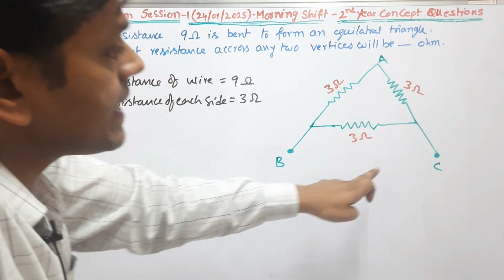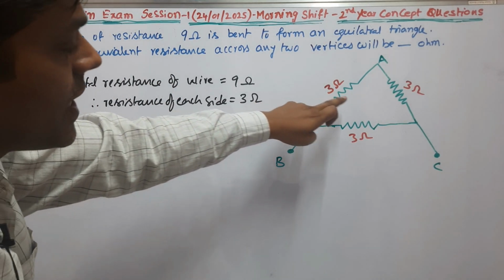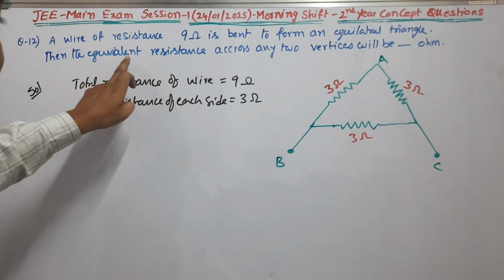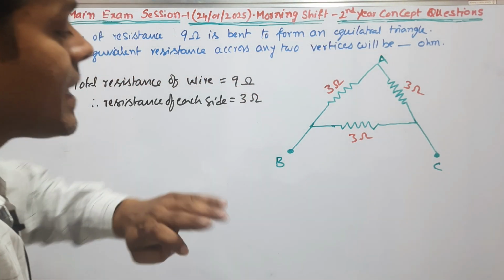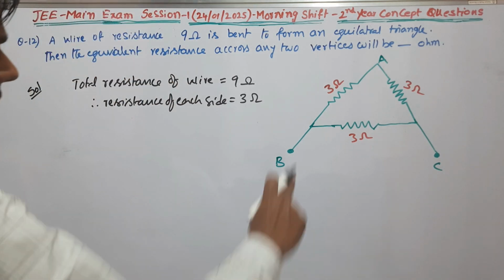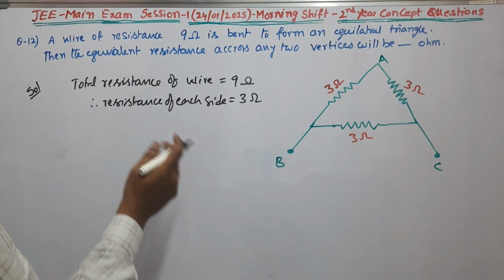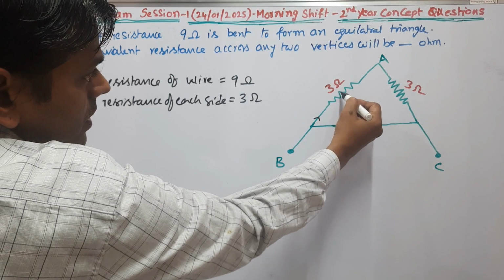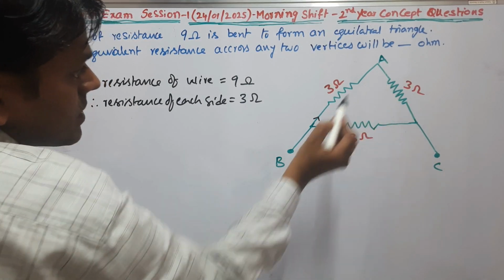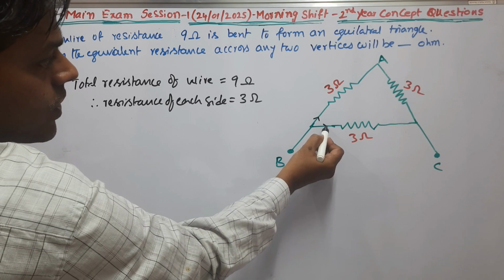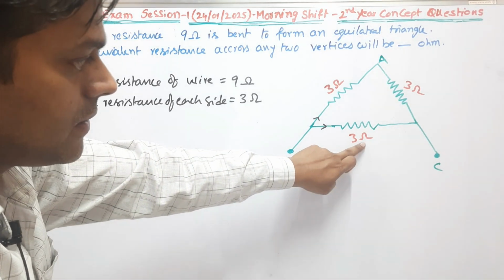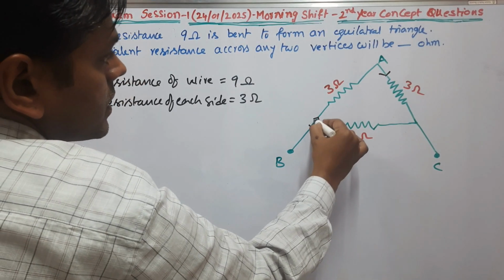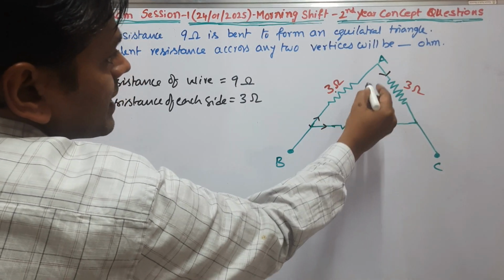So, each side wire has 3 ohm. But what is asking, the equivalent resistance across any two vertices. To see, when you bend like this way, what happened? Same current flows along this 3 ohm resistor and this 3 ohm resistor, but a different amount of current passes through this 3 ohm. So that these two, that means this 3 ohm and this 3 ohm, are in series.